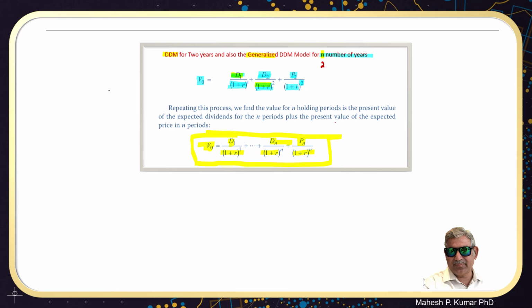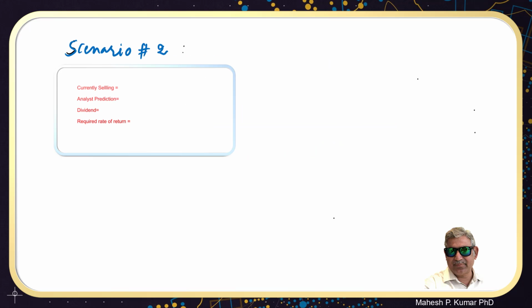But rather than talking about this conceptually, let us do one question here. We are moving into the scenario of investment for 2 years. Let us assume there is a stock of a fictitious company, XYZ Limited.